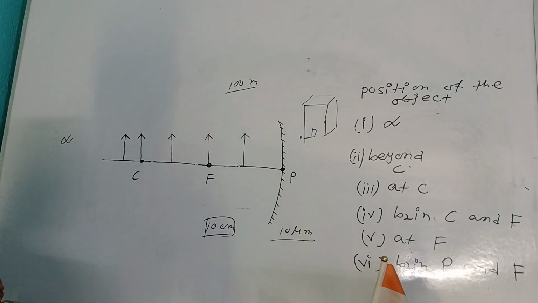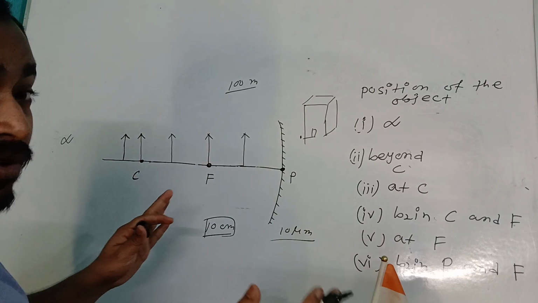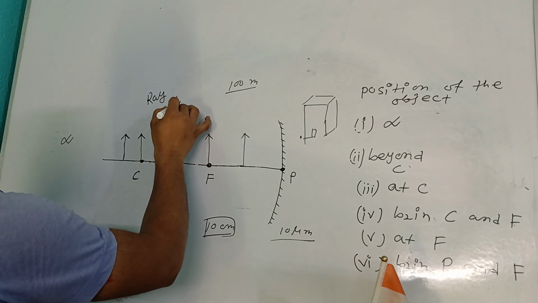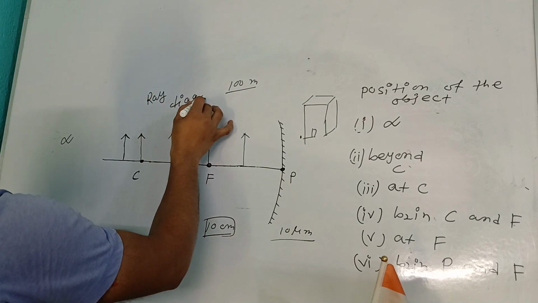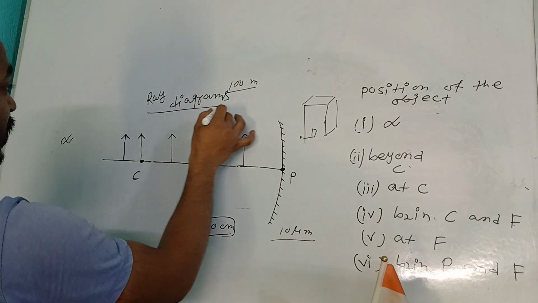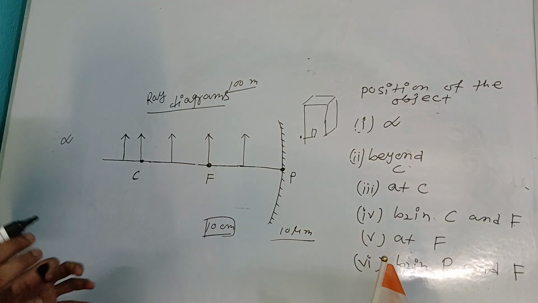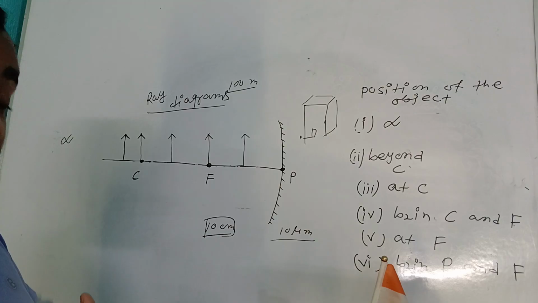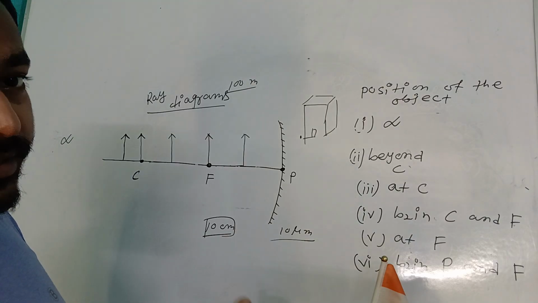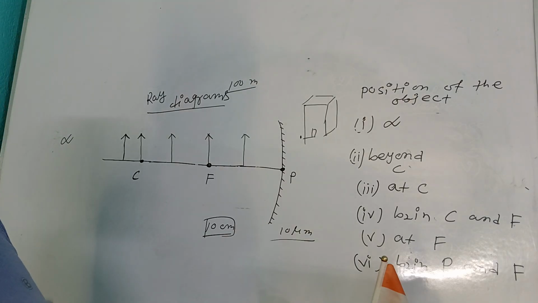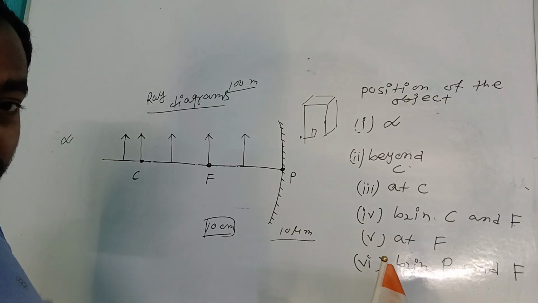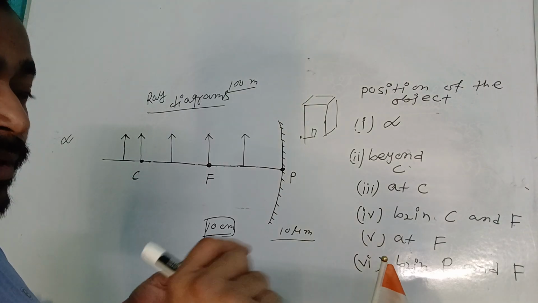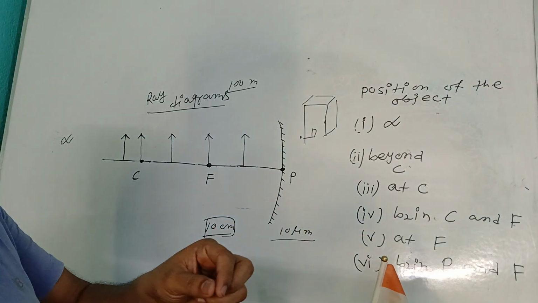Okay, so before going to the ray diagrams, how to draw it so that we get the appropriate, exact characteristics of the image? For this we are following some rules.